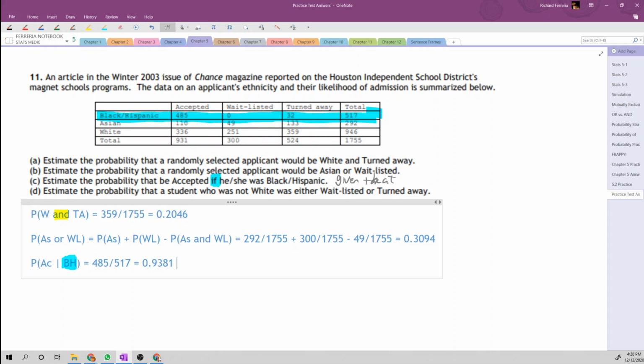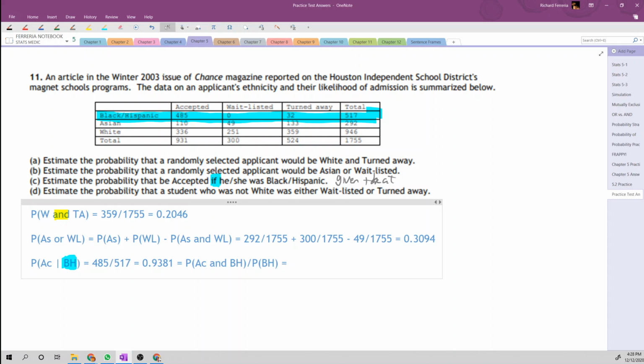If you wanted to go out the long way, and I think there's a reason for us to talk about this, this would be the probability of accepted and Black Hispanic divided by the probability of Black Hispanic. But if you look at that, that's the same numbers that we had before.